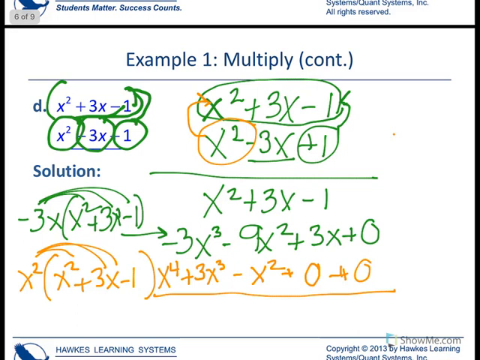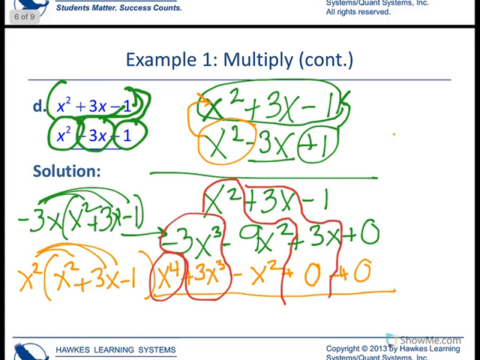So hopefully this will help you. This is on its own. Okay, this is what I'm going to combine here. Then I'm going to combine the squareds. Then I'm going to combine the x's. And then I'm going to combine the regular numbers. So that leaves me with x to the fourth power. These x to the third powers, they cancel.